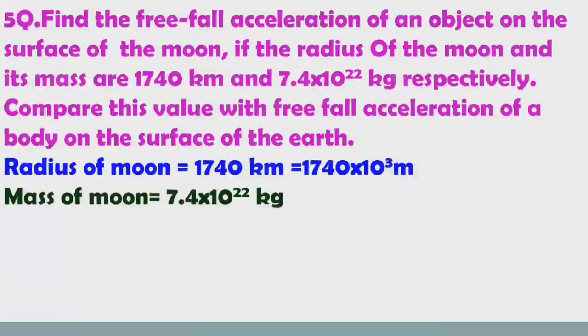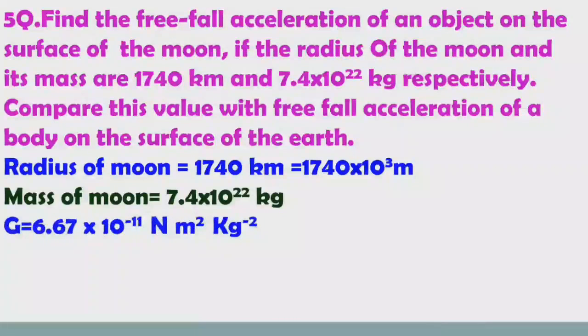The mass of the moon is 7.4 into 10 power 22 kilograms. The universal gravitational constant, capital G, is equal to 6.67 into 10 power minus 11 Newton meter square per kilogram square. This is a very important value. We have to remember capital G and small g values.